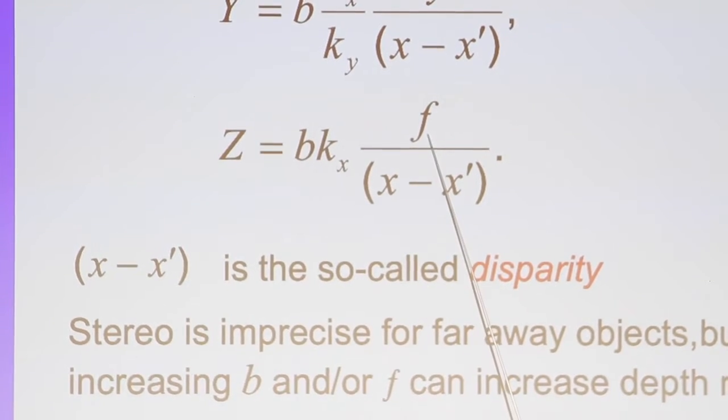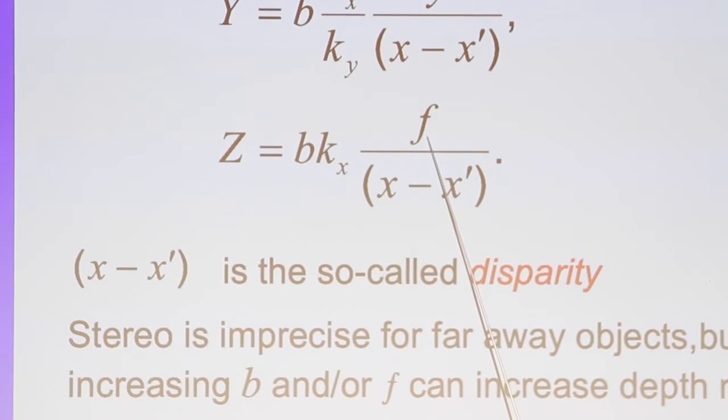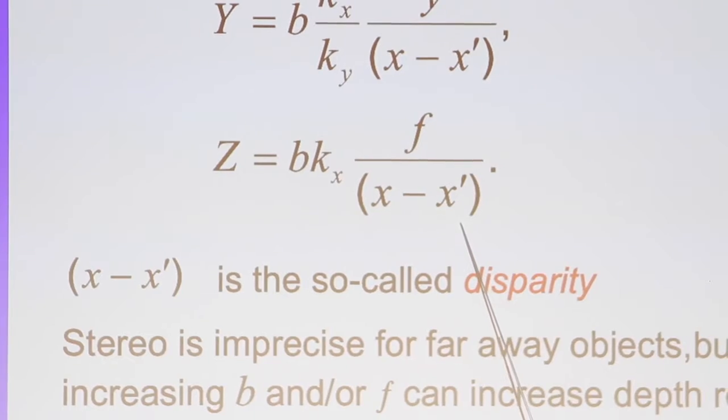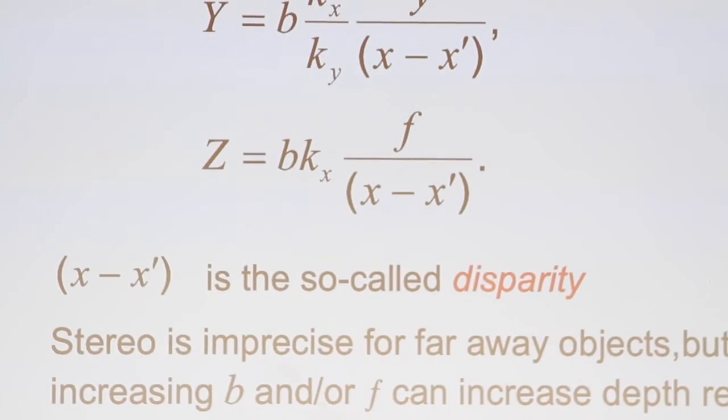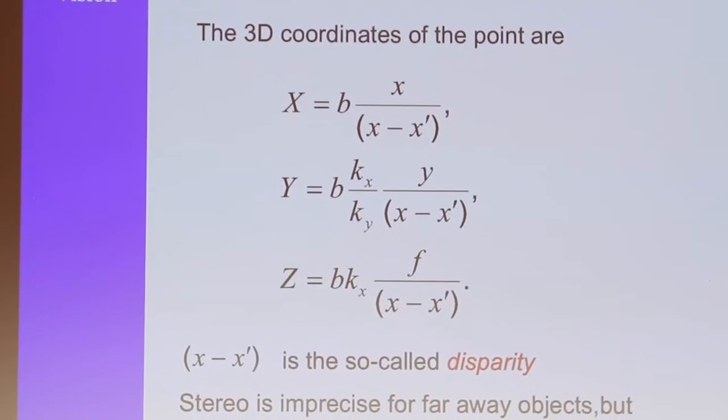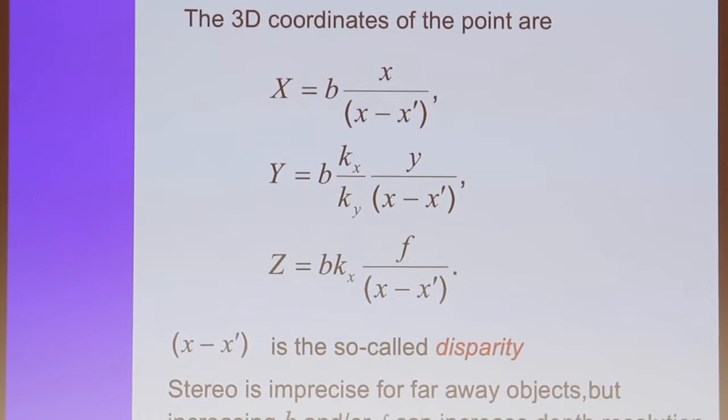Or you could also increase F, the focal length, to get the same Z for a larger disparity, for a larger x minus x prime, so that you can measure more precisely. So we have these two options. We increase B or we increase F. Or, in fact, we could also increase both at the same time.